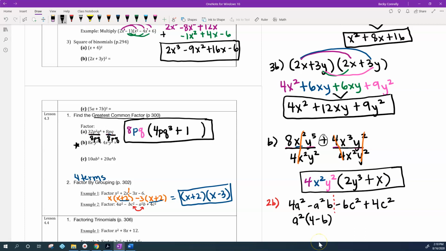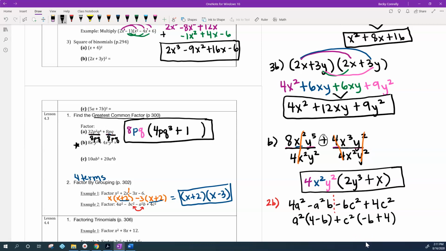Okay, let's do the same thing over here. I've got negative bc squared and 4c squared, so I can see they have c squared in common. If I take out a positive c squared, that's going to leave me with negative b plus 4. And then I look at this and say, oh, those look different, but they're actually the same.